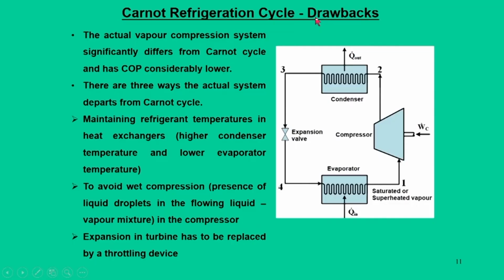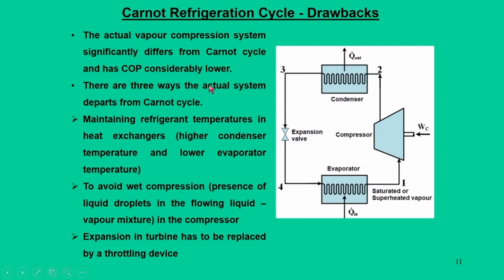In a similar sense, we also find difficulties in running Carnot refrigeration cycles, and these are their drawbacks. Because of these restrictions, actual vapor compression systems differ from the Carnot cycle, and their coefficient of performance is considerably lower.